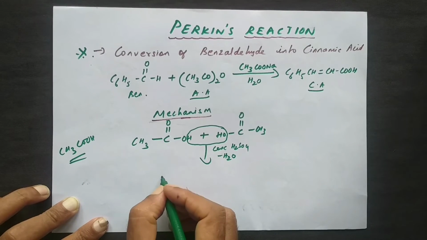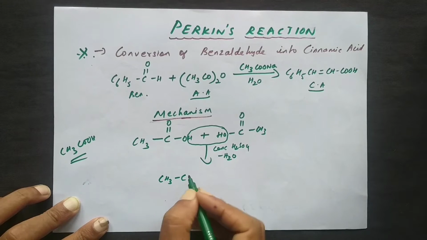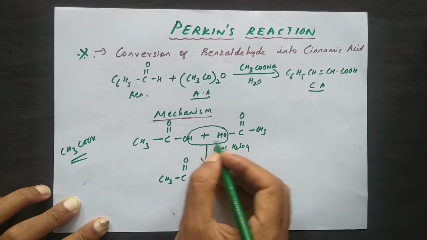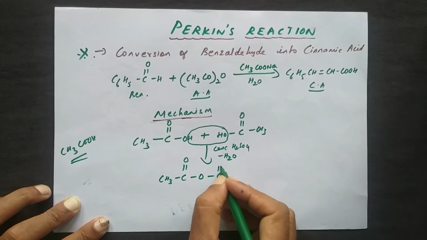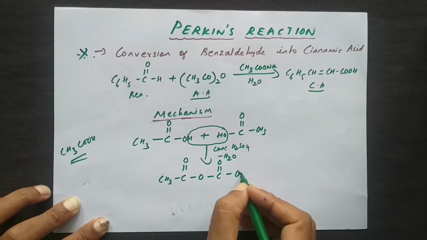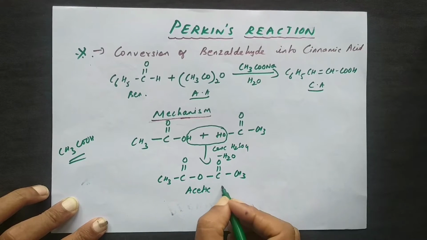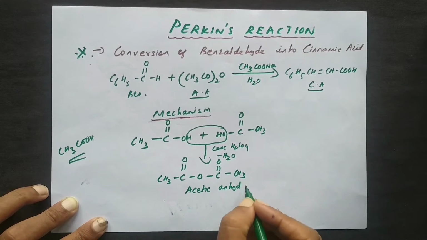So what you get is CH3, C double bond O, then the oxygen, the water molecule having been removed, then C double bond O and CH3. This will be our acetic anhydride.